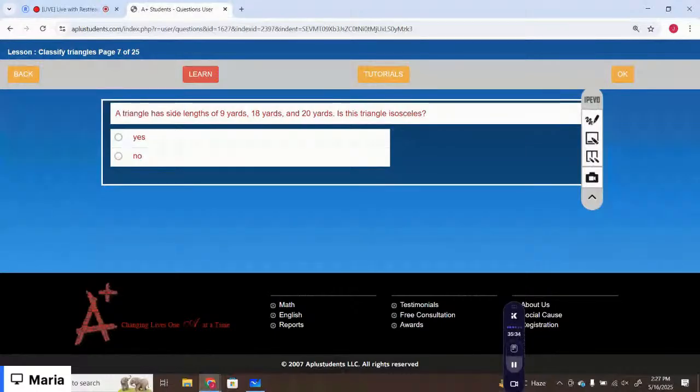A triangle has side lengths of 9 yards, 18 yards, and 20 yards.